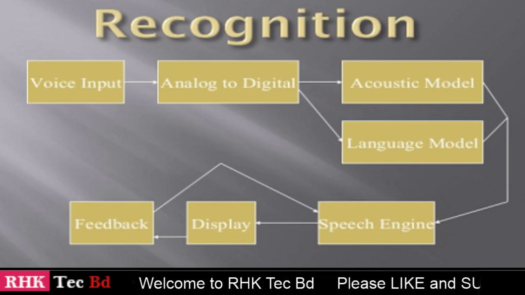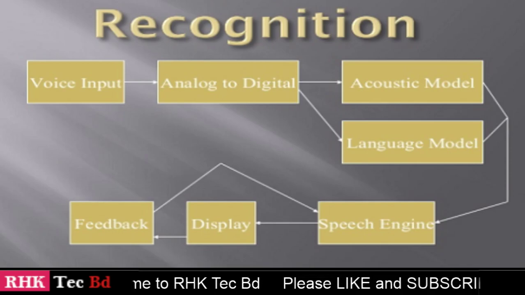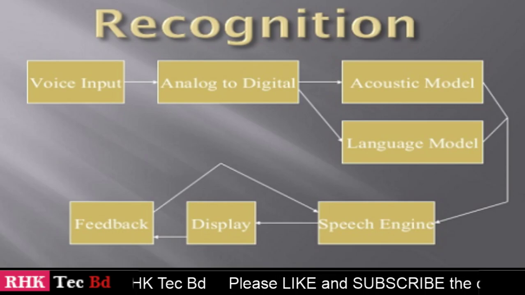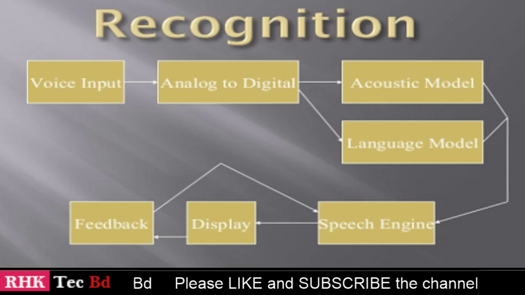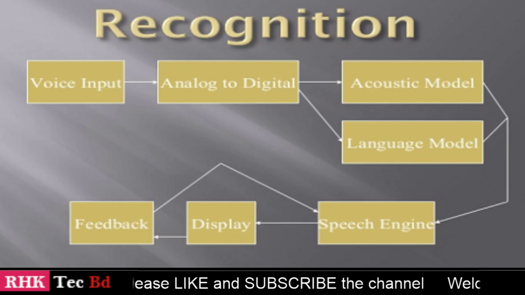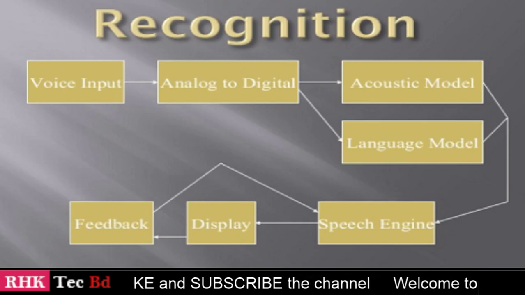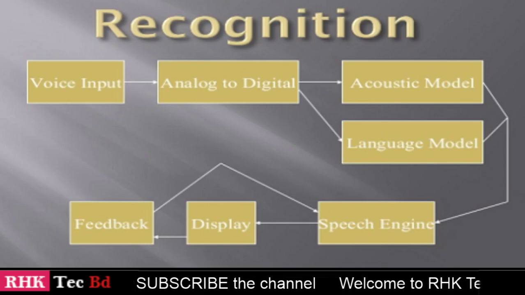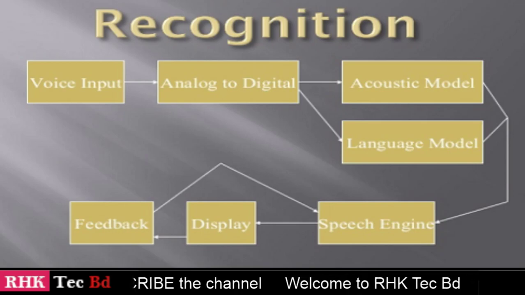It means there is a small mic so the device can receive your instruction, and this mic is connected with another device. If it is a computer, it is called a sound card, which transforms your statement or instruction from analog to digital.